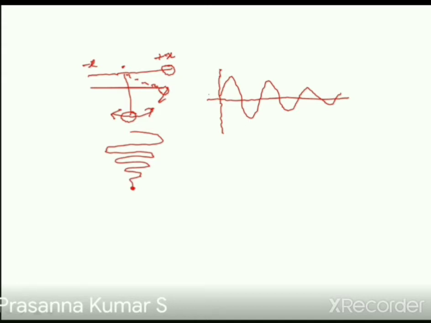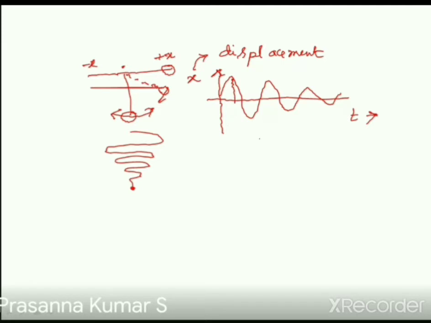We can see that later on. So I call this displacement. What is x here? x is displacement. And we plot this with respect to time t. So this may be the maximum amplitude.